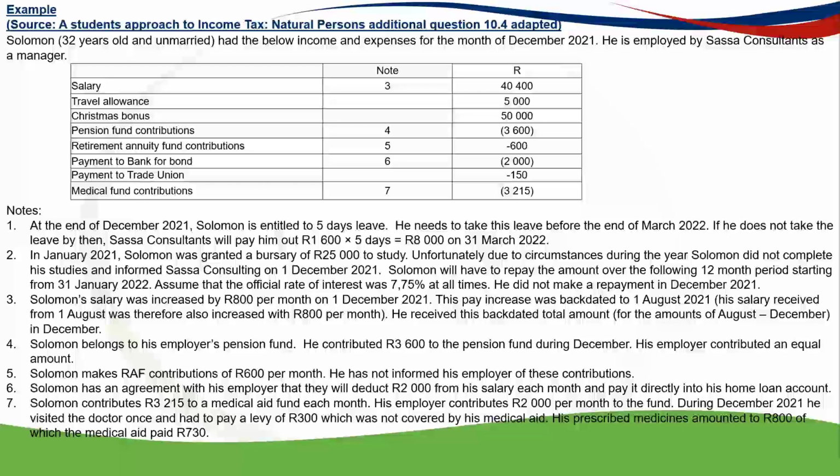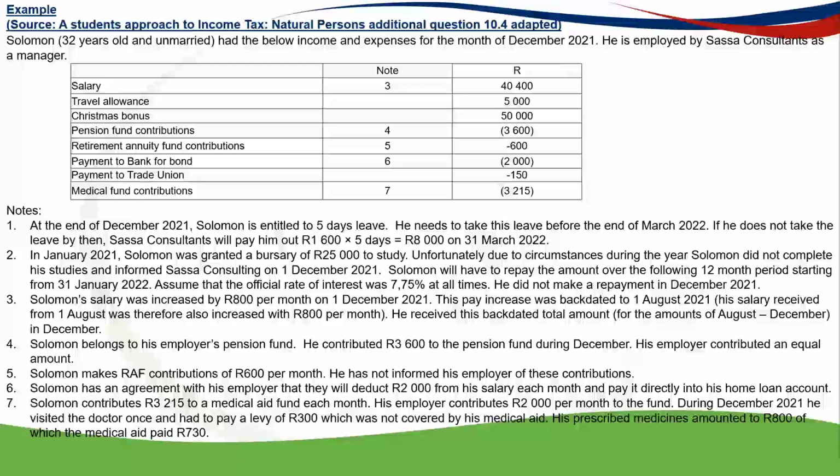There is a salary there of 40,400. There's travel allowance of 5,000. Before we get to travel allowance, in terms of the salary, there's a note 3. When we go to note 3, it says that Solomon's salary was increased by 800 Rand per month on 1 December 2021.